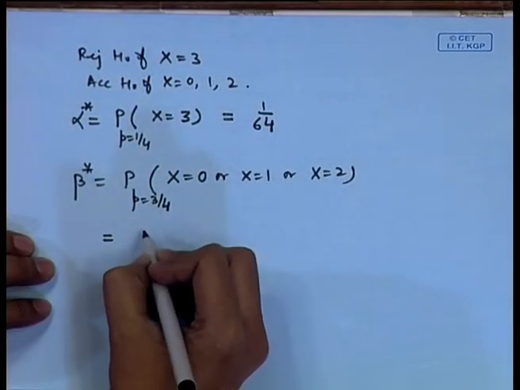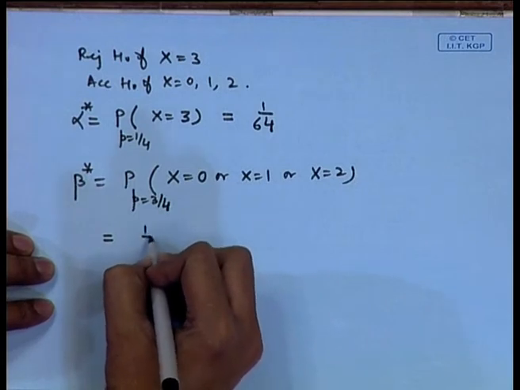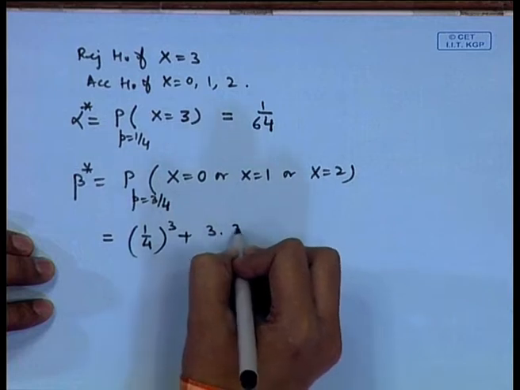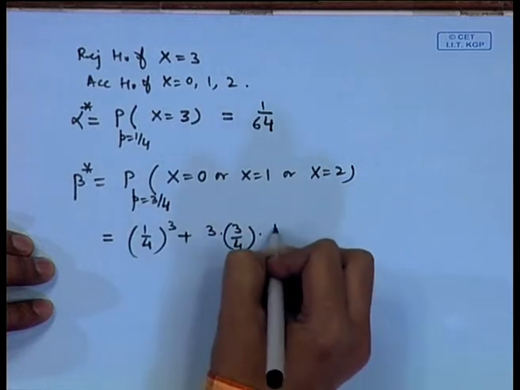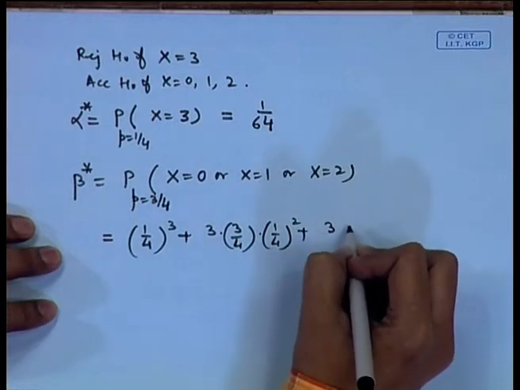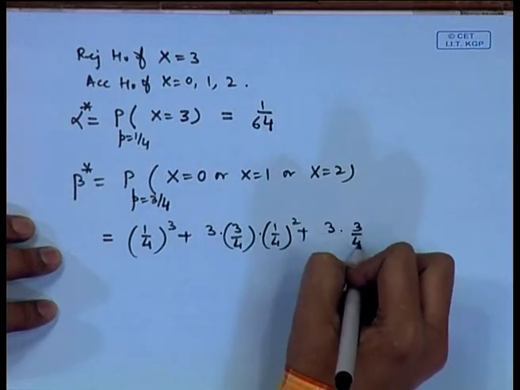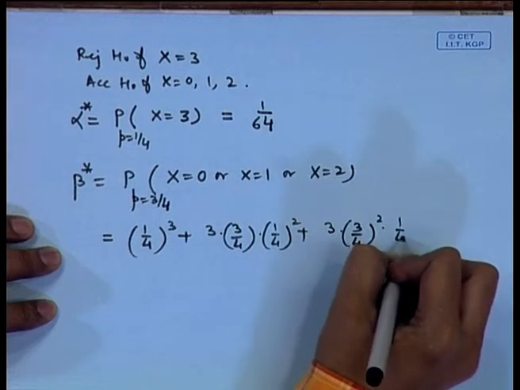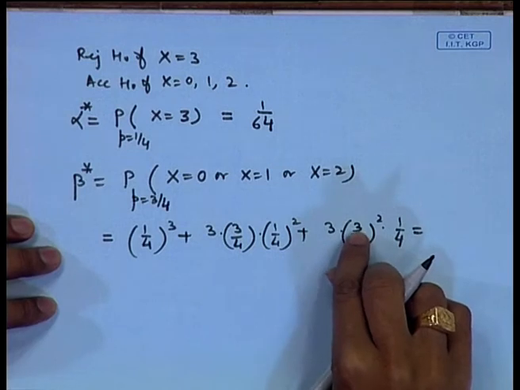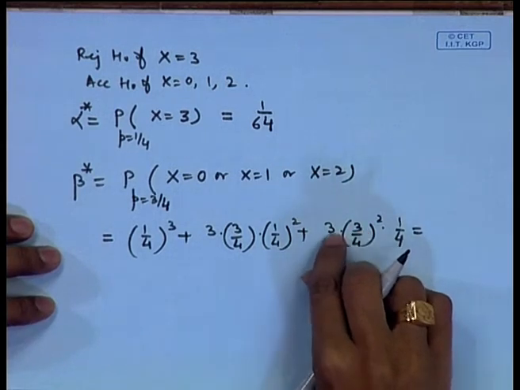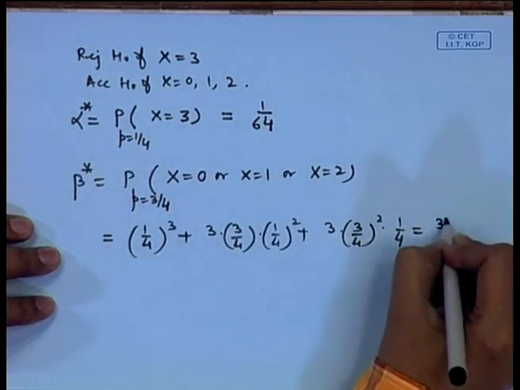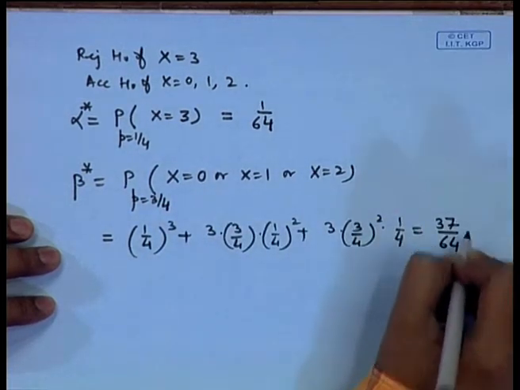So, this will be equal to (1/4)^3 plus 3 into 3/4 into (1/4)^2 plus 3 c 2, that is (3/4)^2 into 1/4. So, that is equal to, now you see here this value turns out to be 9, 27, 27 plus 9, 36, this is becoming 37/64.